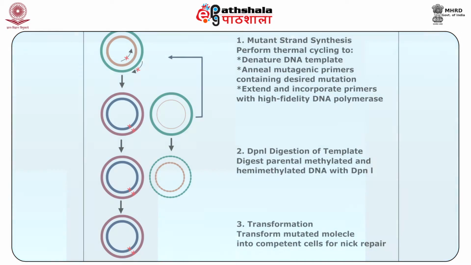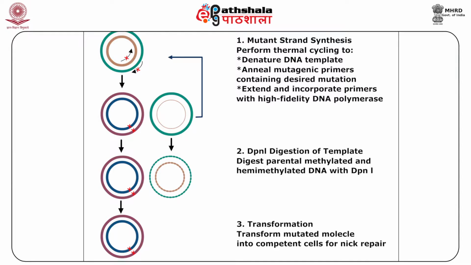So this Pfu DNA polymerase, which is isolated from Pyrococcus, is used in this reaction, and what else we require is a PCR machine in which we can have 3 different temperature setups. So the basic procedure, which was developed by Stratagene, which is now called Agilent, utilizes a supercoiled double-stranded DNA.